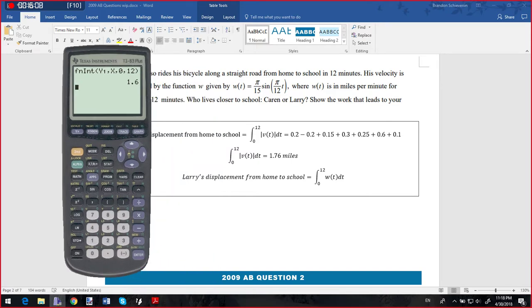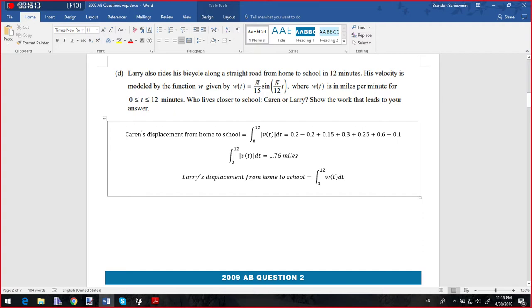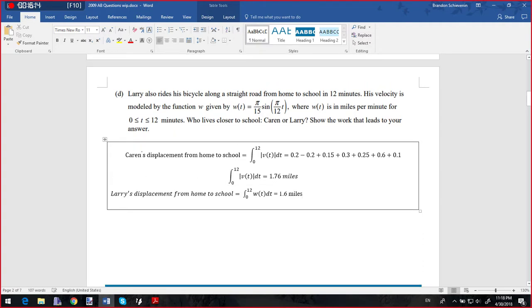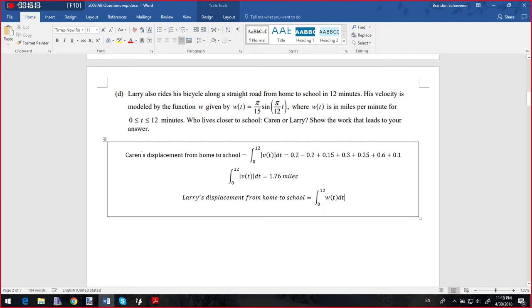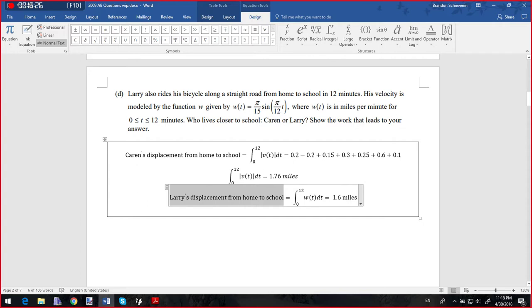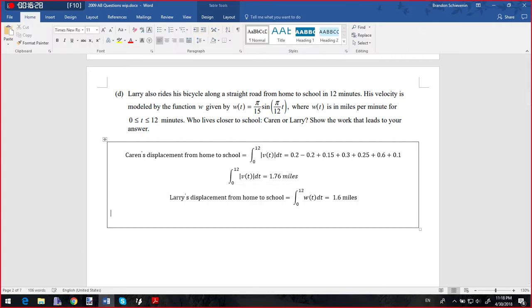Okay, so Larry's displacement from home to school is 1.6 miles. You put that back inside our function here. So that means that Karen's distance is further.